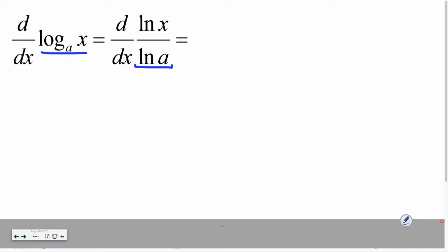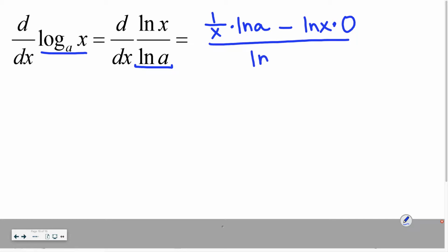In the quotient rule, we take the derivative of the numerator times the denominator minus the numerator times the derivative of the denominator. Natural log of a is just a number, because a is a number, so its derivative is 0. All over the natural log of a, the quantity squared.